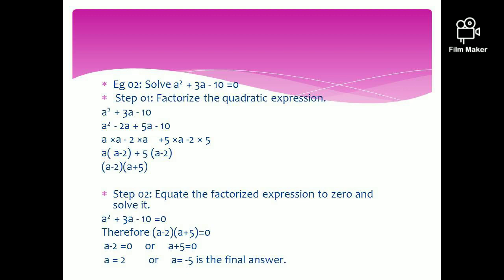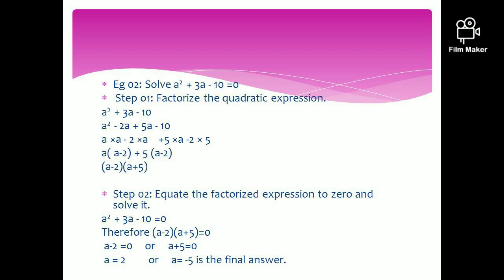You can take a minus 2 out. Then the final factorized form is (a minus 2)(a plus 5). Now you can replace a squared plus 3a minus 10 with (a minus 2)(a plus 5).